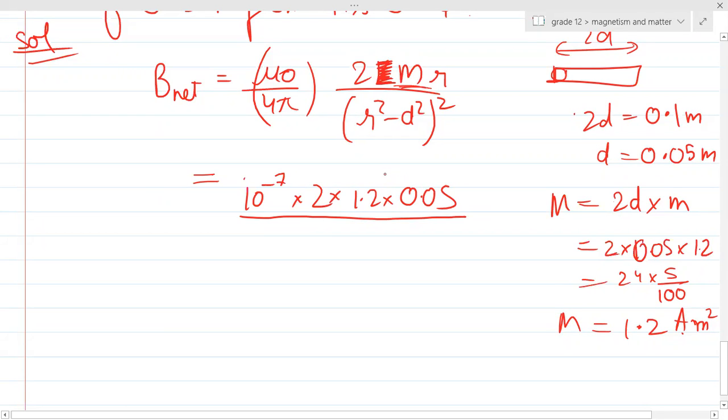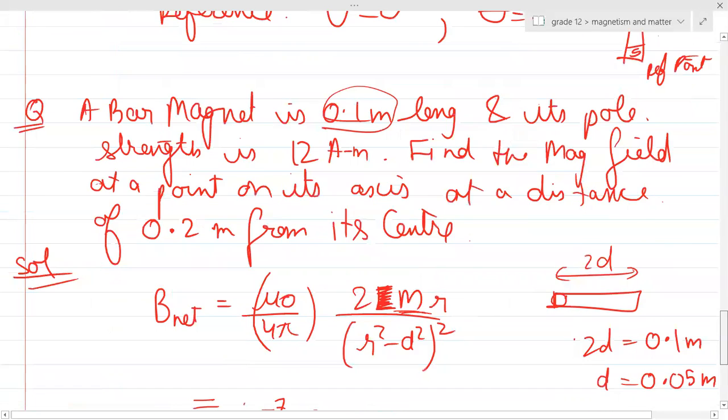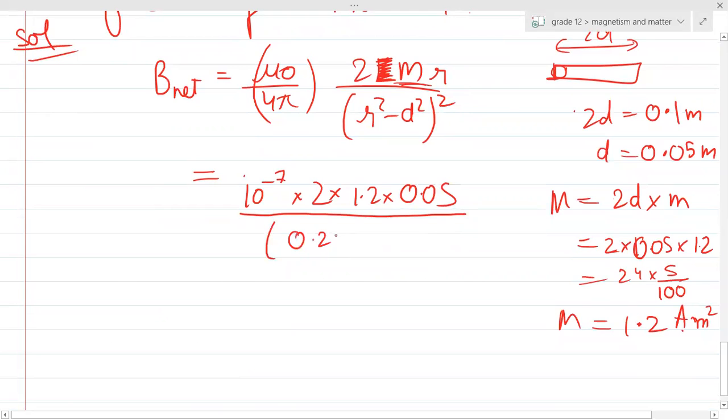And this will be r square. What is r? So in the numerator also r will be 0.2 itself, right? It's the distance from the center. Minus d square, which is 0.05 squared. Now is it clear?